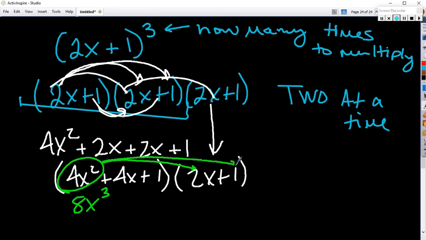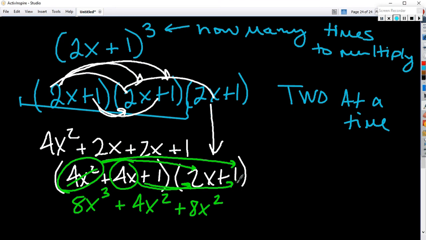All right, and then 4x squared times 1. 4x squared. Done. 4x times 2x. 8x squared. 4x times 1. Done with that one. Now a 1 to everybody. 1 times 2x. And 1 times 1.